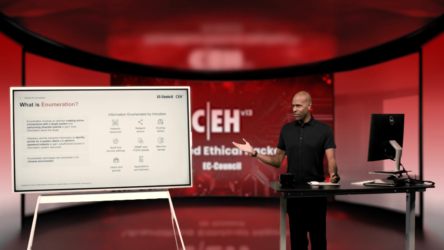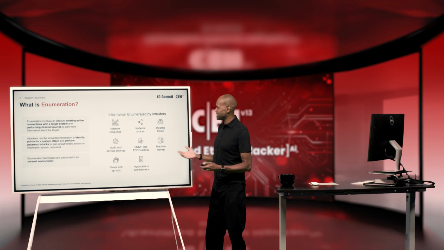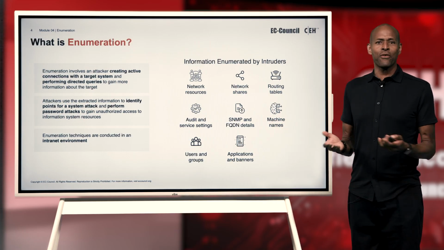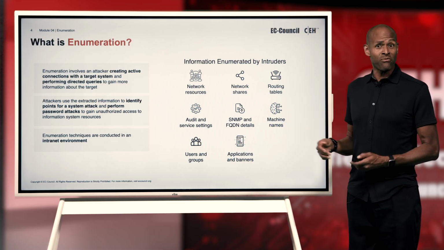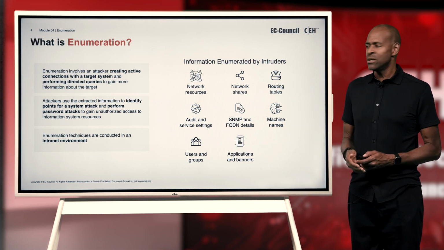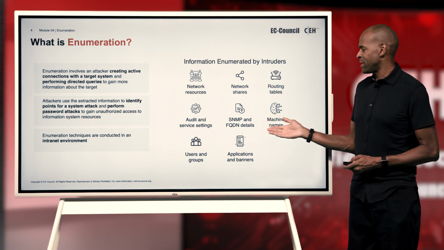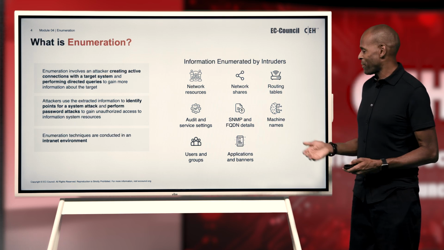Let's have a look over here at the types of information we might be able to find out. What's on that network? Are there folders or files that are being shared? What about routing tables? That gives us information as to where packets are moving. Then we have services that we might want to audit, and maybe get FQDNs out of SNMP. We'll talk about that in just a little while.